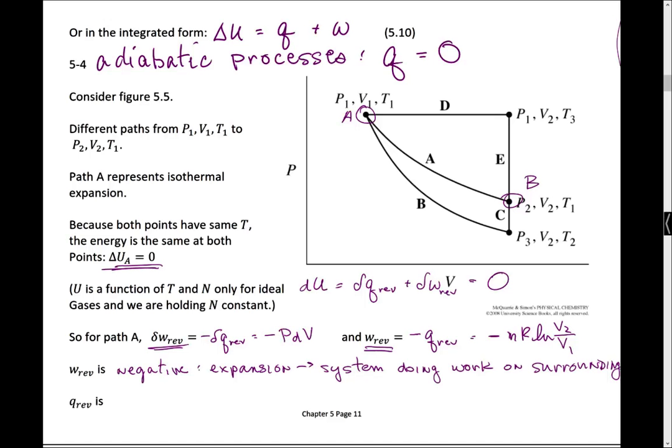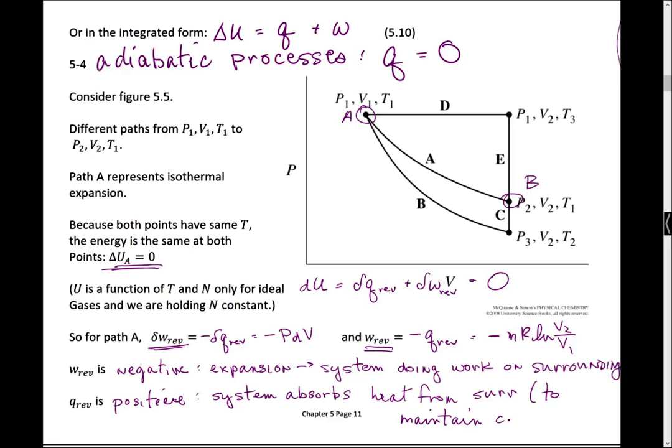That means it's positive. And that tells us that the system absorbs heat from the surroundings. And that's what's necessary to maintain a constant temperature. Okay? Does that make sense?